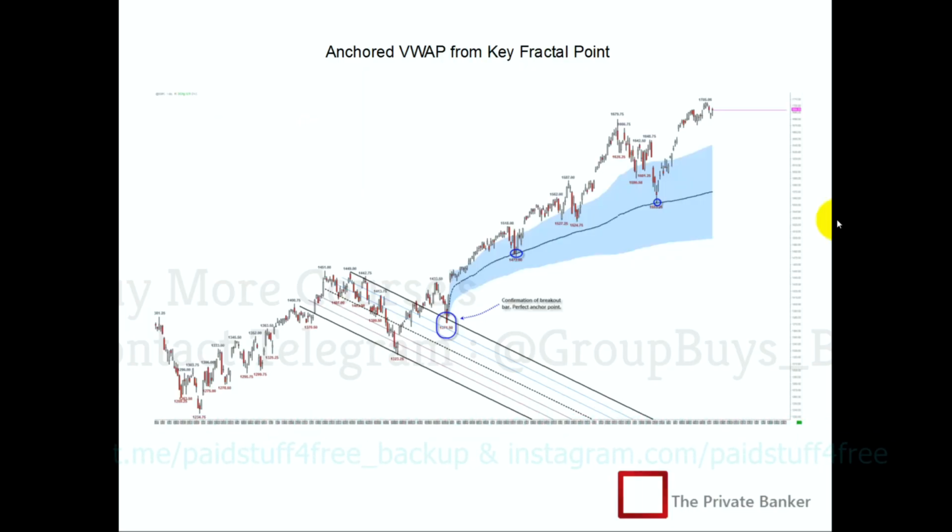Okay, so what we have here is simply the S&P contract, the ES. These are daily bars. We can see that there was somewhat of a bearish channel that was forming at that particular time. However, the market broke outside of that channel and it made a pullback to the top of that channel and obviously bounced up higher after that. So that is a key fractal point there.